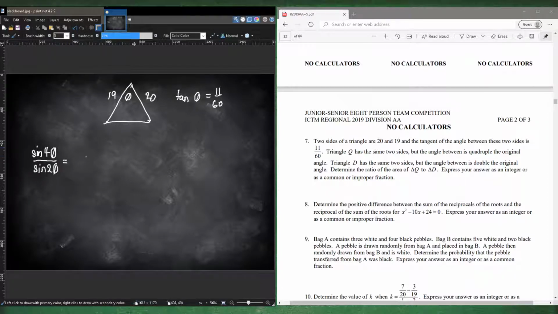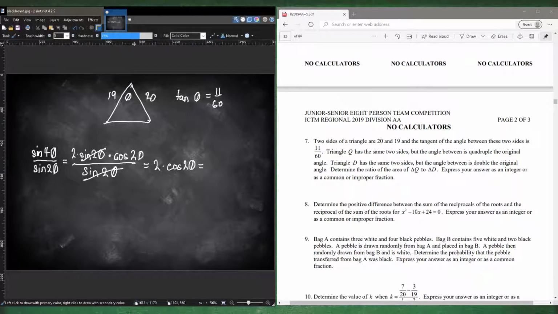Well, if you know your trig identities, we know that sine of 2 theta is equal to 2 times sine of theta times cosine of theta. So it's basically just this angle split in half and then multiplied by 2. So we're going to do it for this one, which is going to be 2 times sine of 2 theta, because it splits in half, and then cosine of 2 theta. And then that's over sine of 2 theta. So we see a sine of 2 theta on the top and bottom, so let's cancel that out. So we just need to find 2 times cosine of 2 theta.